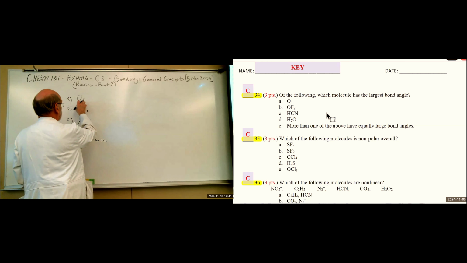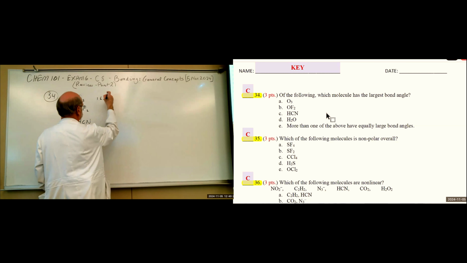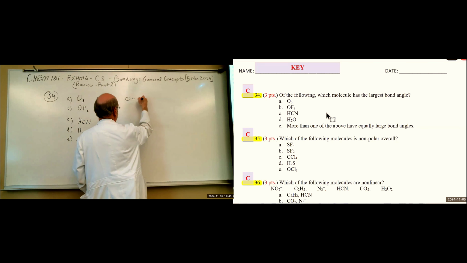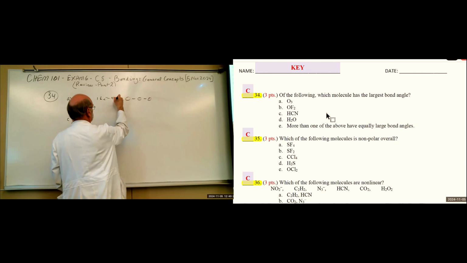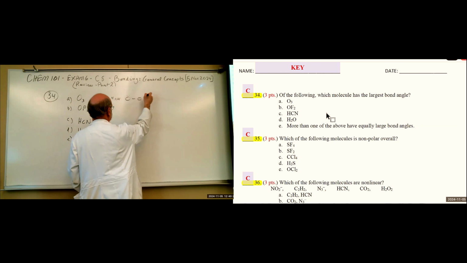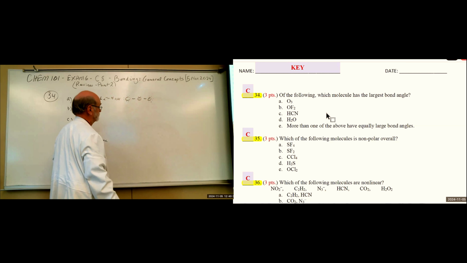Okay, ozone. 6 for this, 3 times 6 is 18 electrons. So we have oxygen, oxygen, oxygen, and that's 4, equals 14. So 2, 4, 6, 8, 10, 12, 14.